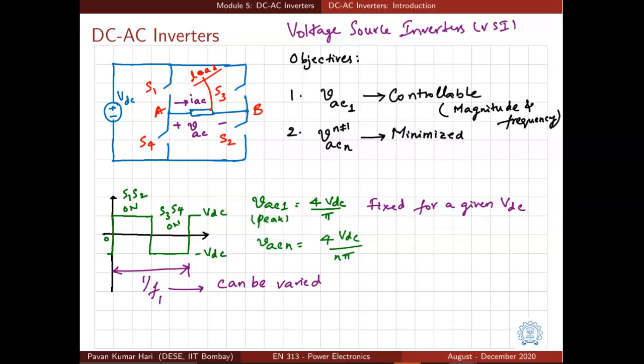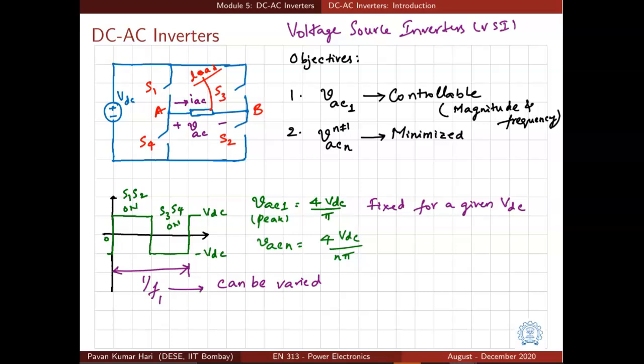It can be varied by varying the intervals for which these voltages are applied. And how about the harmonics? All the odd order harmonics are present: third harmonic, fifth harmonic, seventh harmonic, and so on, which are not desirable.